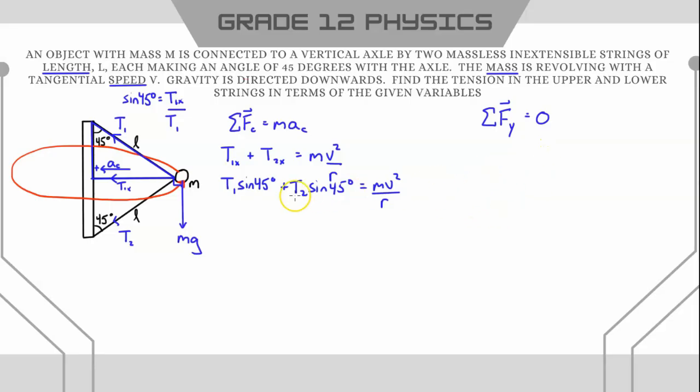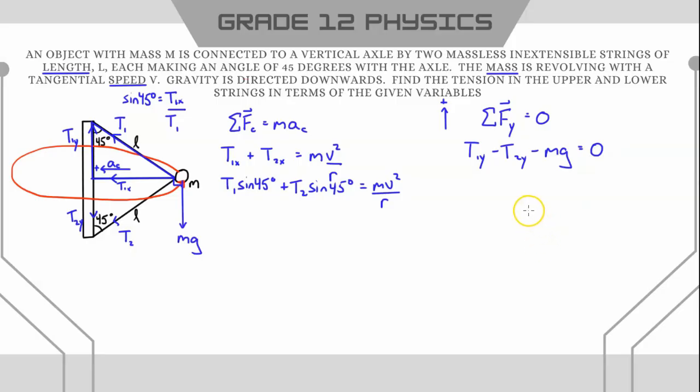So we have a few components. Let's just make up positive. In this case, we'll have T1y that will be up. Then over here, we'll have T2y, which will be down. So we're going to have T1y, subtract T2y, and then subtract gravity, which is mg, and that's going to equal 0.